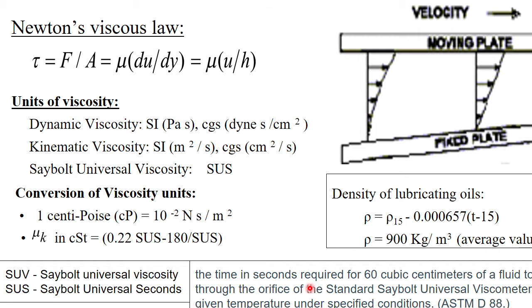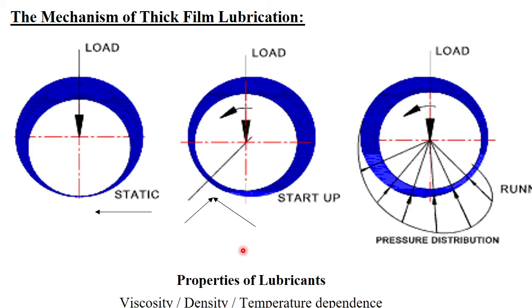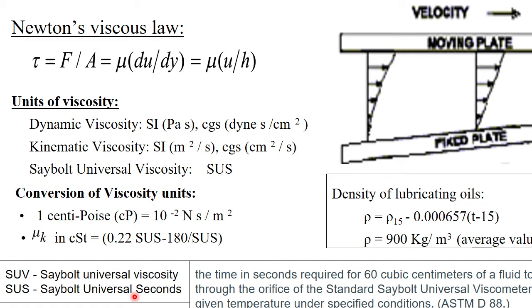For measuring these quantities, there are several instruments also, and then also you see one thing, how we define viscosity. Basically it is the definition which is offered by Newton.